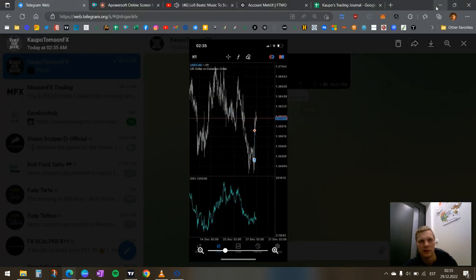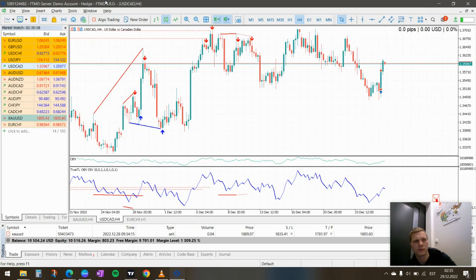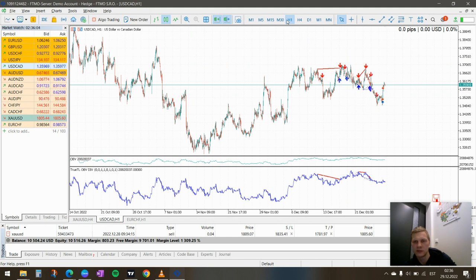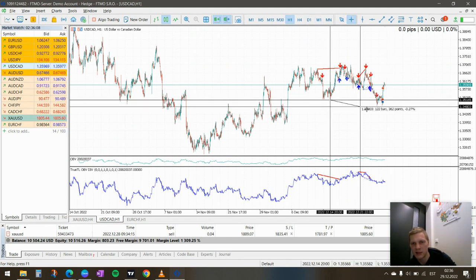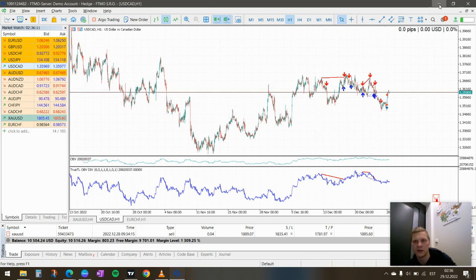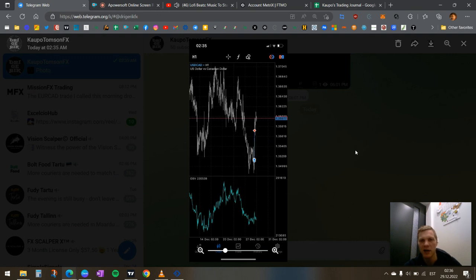And okay, this is on the one hour chart. The true TL isn't catching it from here to here, from here to here. So there is technically, in my opinion, in my experience, a divergence.